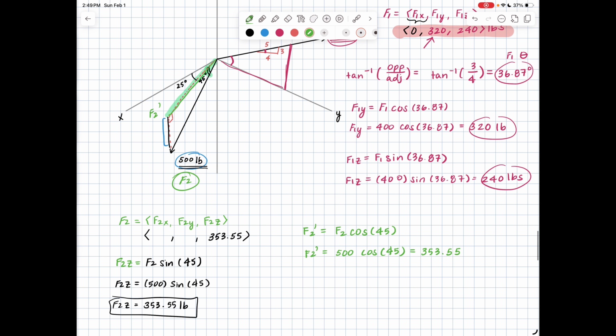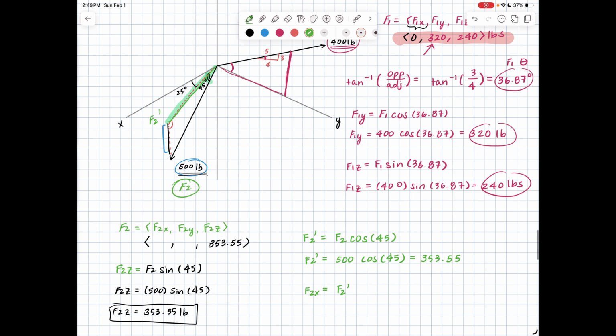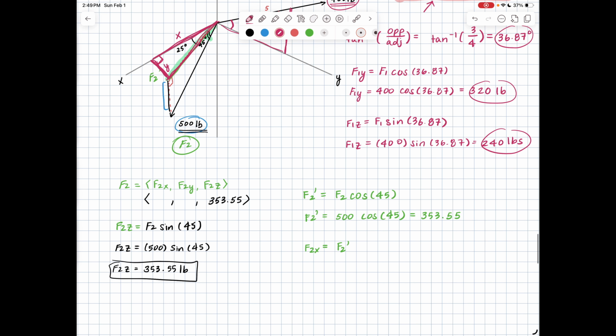Okay, so from there, what we can do is get our x and y values. So going from here, F2x is going to equal our F2 prime, and I can draw another triangle here, which is going to look like this, where this line over here represents the y, and this line over here represents the x, and there's a 90-degree angle over here. This is our hypotenuse, this line F2 prime that we just calculated.